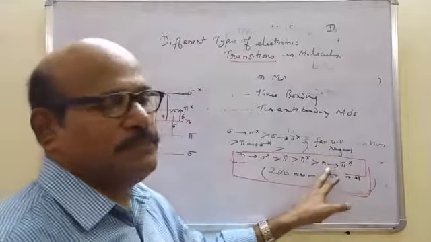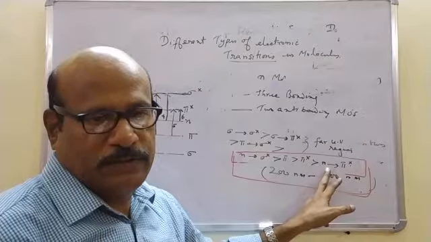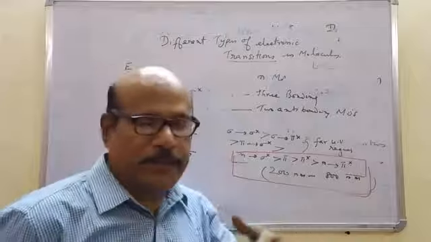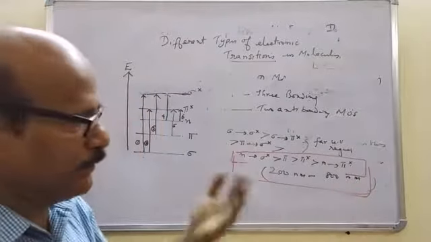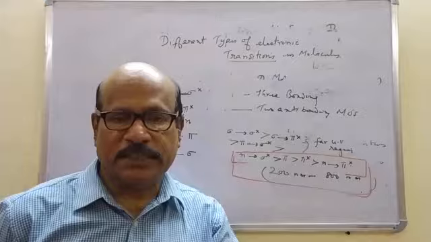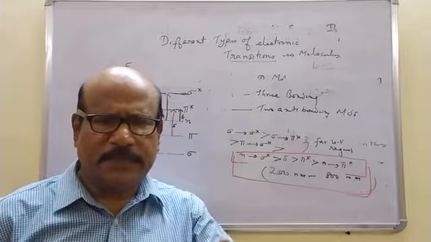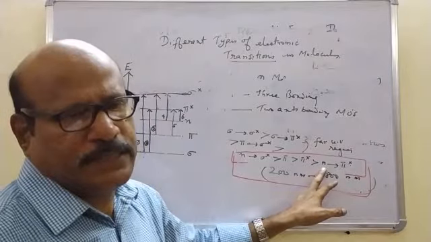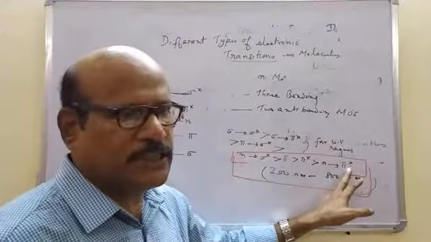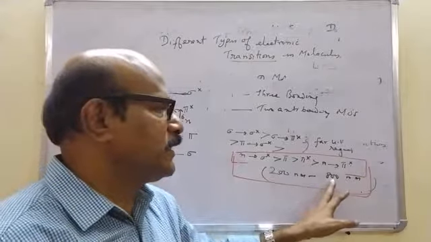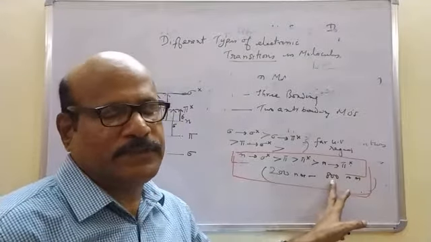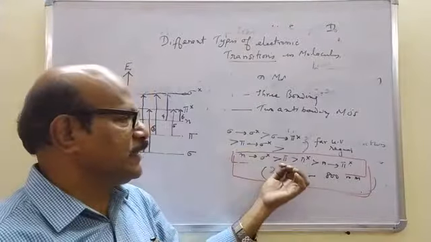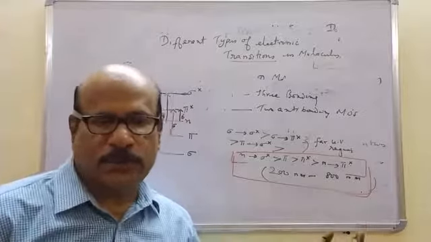Similarly, a molecular system with a heteroatom in conjugation with the unsaturated bond can again show n to pi star transition, and that also gets absorbed in the visible region. Then we can study it by electron spectroscopy. So based on these transitions, we get information about the structure of the molecular system.